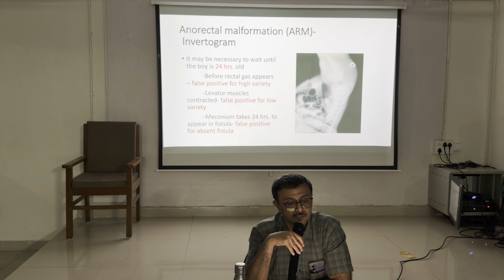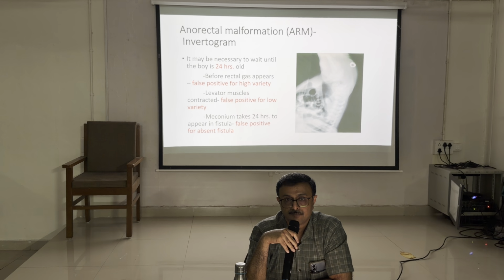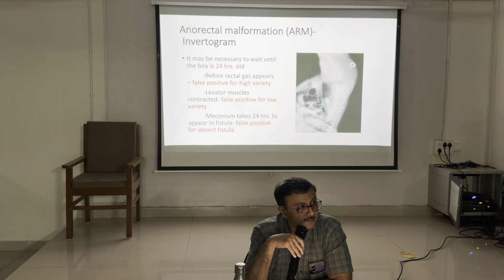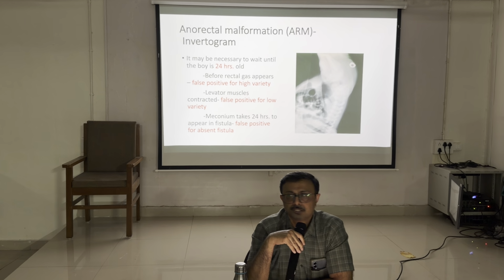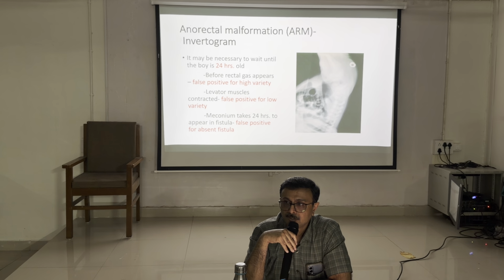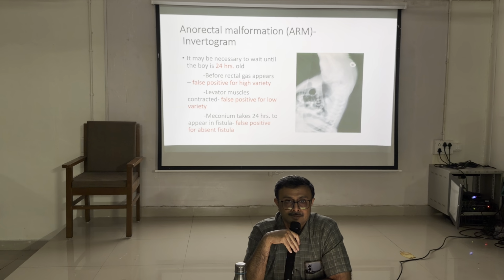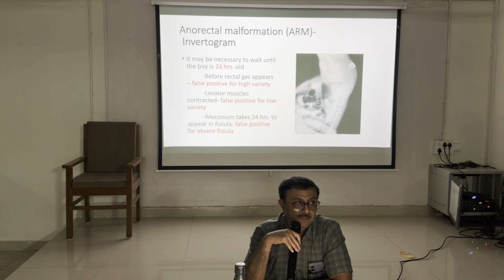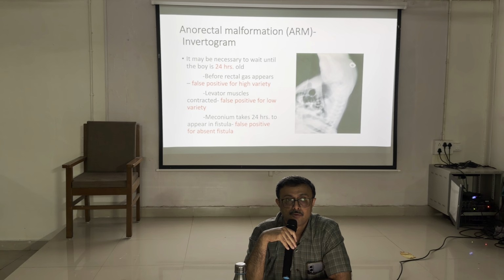Okay? So what is the significance of invertogram? Invertogram is a very important thing. It is not an emergency. Wait for 24 to 48 hours. But invertogram is compulsory before doing any management. It shows us the initial original condition.